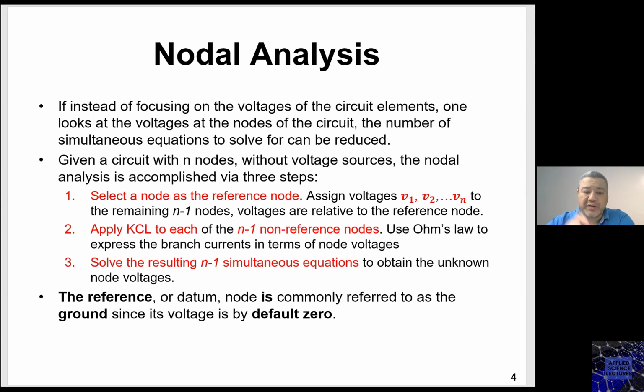At the beginning, we need to identify how many distinguished electrical nodes we have in our circuit, and then we will be assigning those nodes our variables. So our variables in the nodal analysis approach are those voltages. We will be assigning variables V1, V2, V3, depending on how many nodes we have in the circuit.